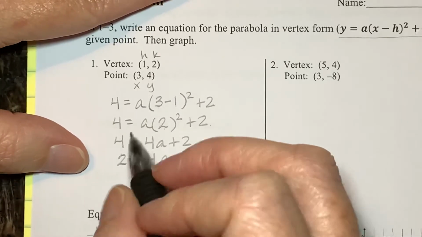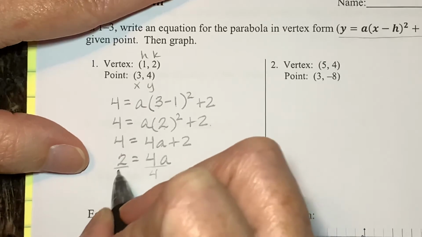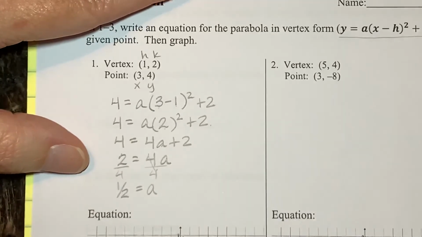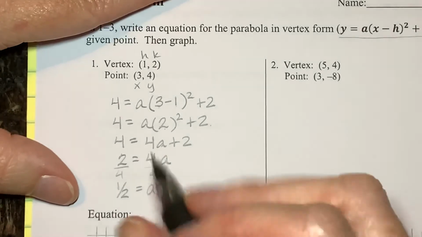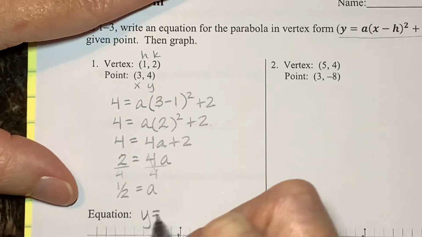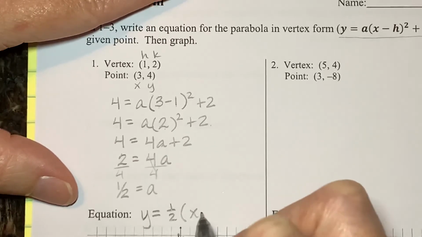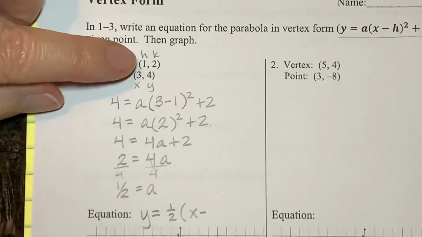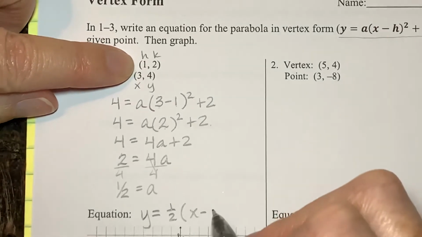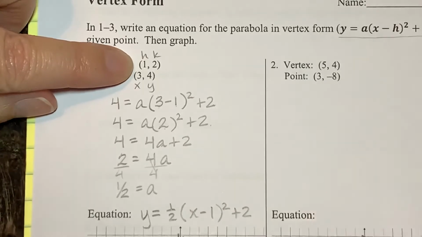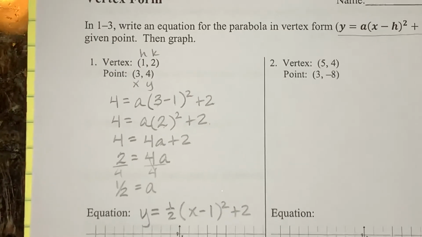And if I divide by 4, a is 1/2. And so my equation is going to be y equals 1/2 times (x minus 1) squared plus 2, using the (h, k), and then you graph it.